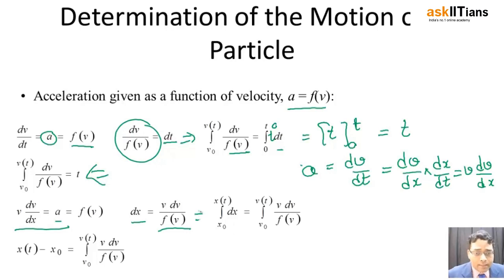As a result, if I put an integration on both sides, on the left hand side this gives me x(t) minus x naught. On the right hand side, I'll get something like this. This is how the displacement and the velocity can be written as functions of the time t, and so on.